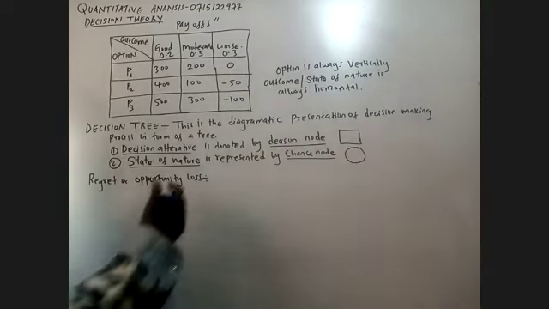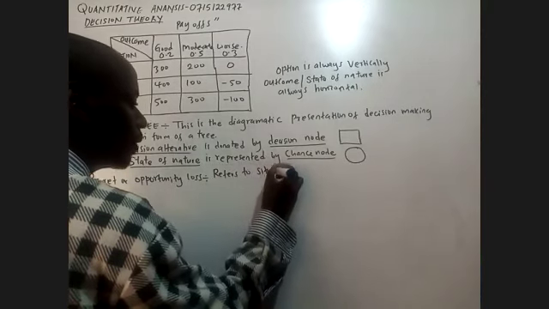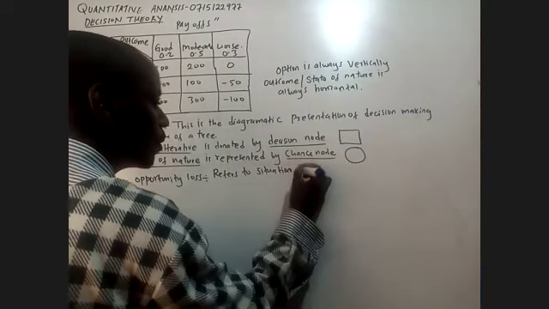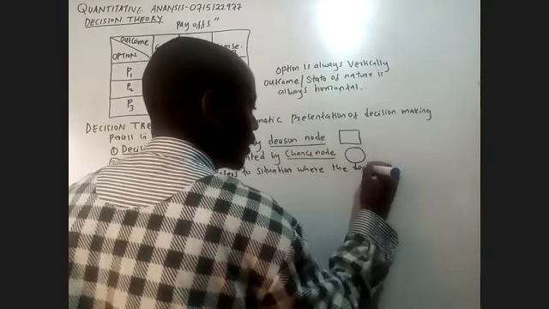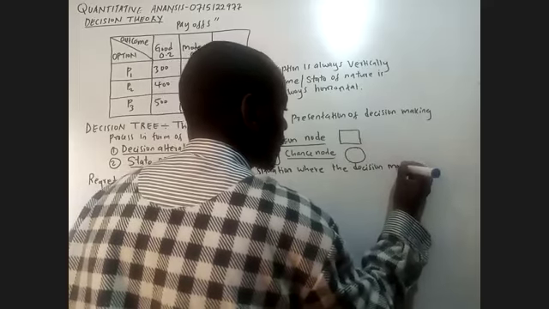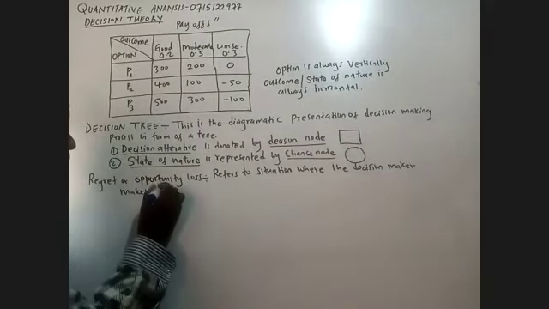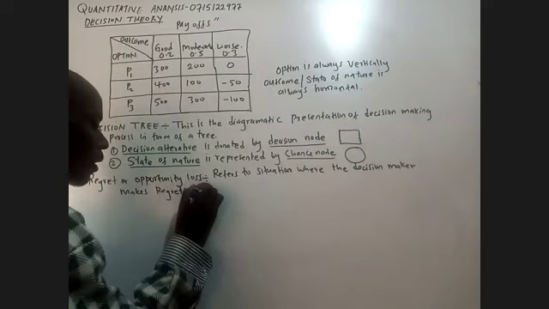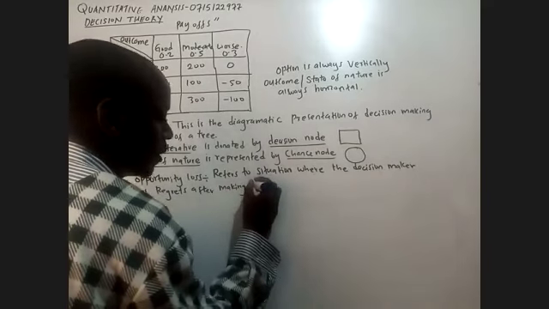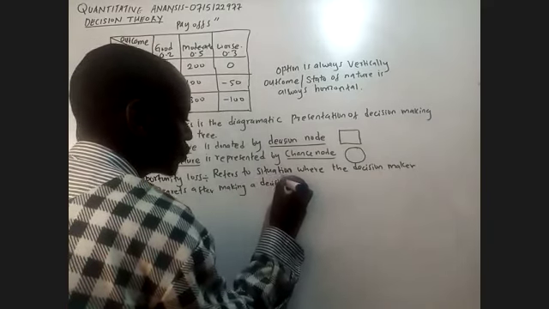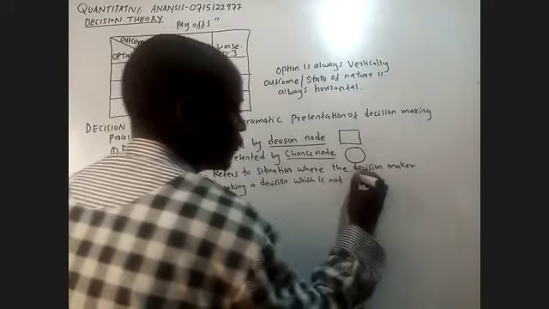Now, what's a regret or an opportunity loss? It refers to a situation where the decision maker makes a regret after making a decision which is not favorable.